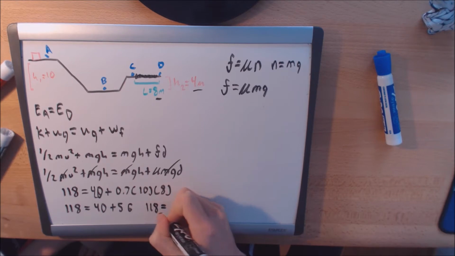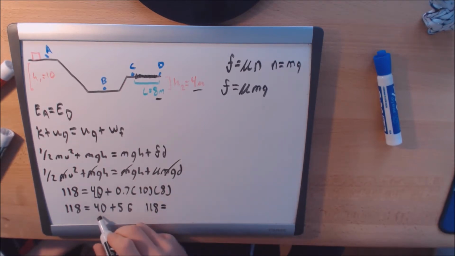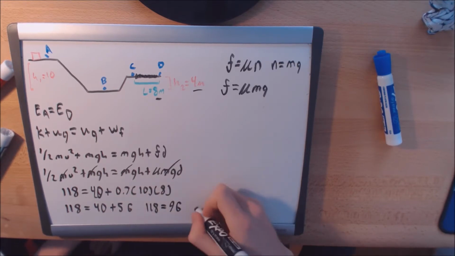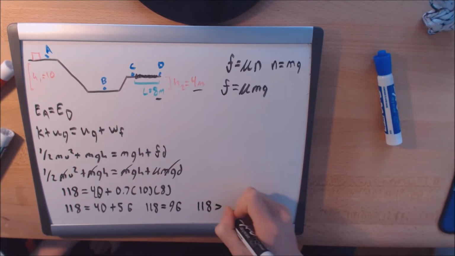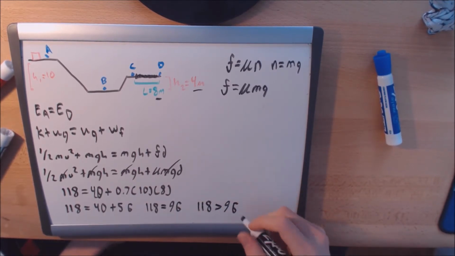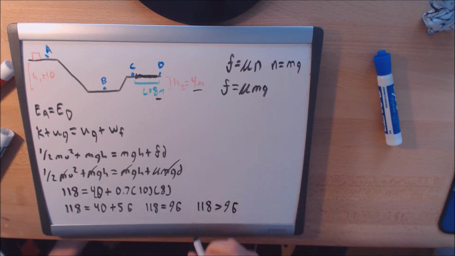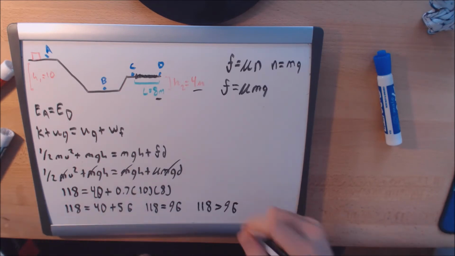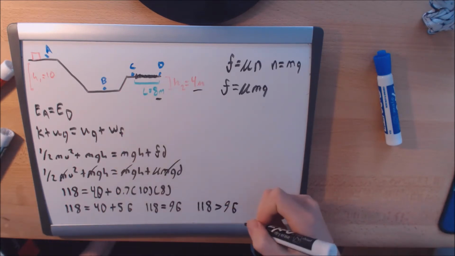118 equals 96. Now, because our 118 is actually greater than the 96, we know that there's got to be something else, because these numbers have to be equal. So what we're forgetting is our kinetic component, which we never included in the first place.